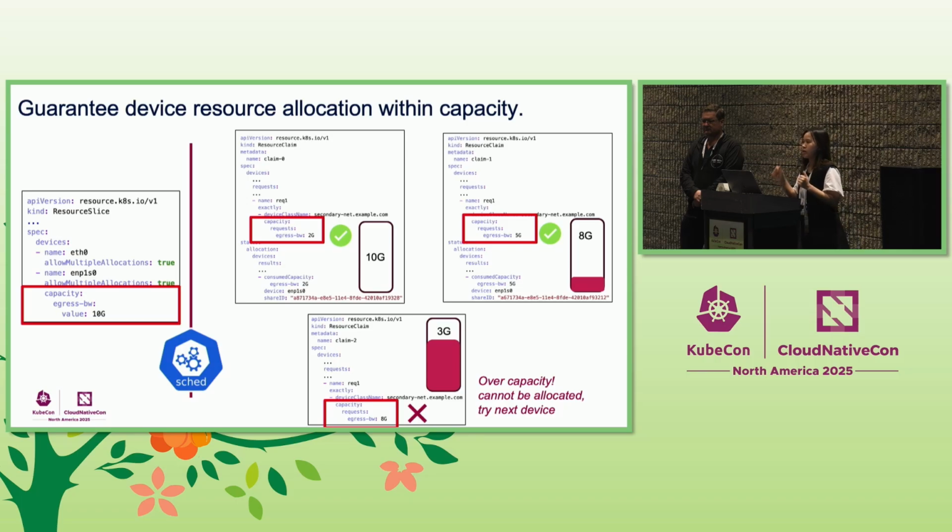This is what we changed inside the scheduler to guarantee that. In this example, I put the capacity at 10G of egress bandwidth, and we have 3 resource claims coming in. It will deduct in memory, so that if we request more than what remains in that device, it will never be scheduled there and will try the next device.